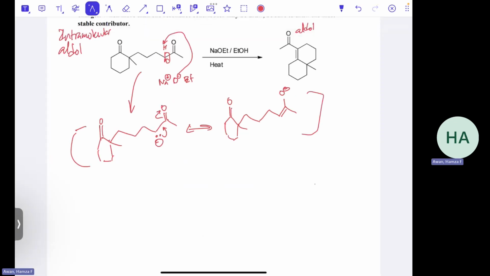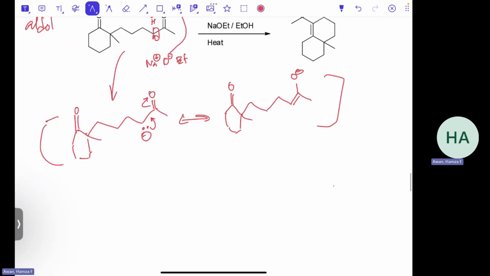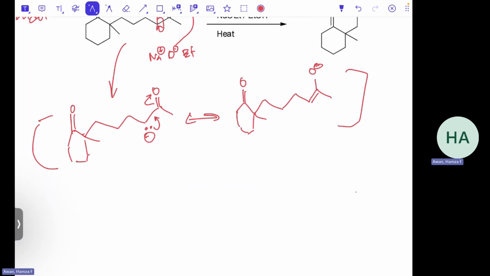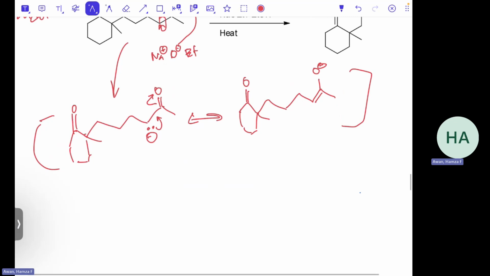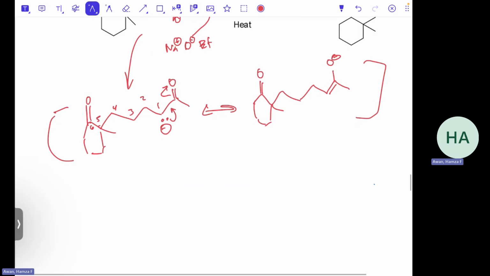Okay. And then what we want here is to create this 6 carbon chain, or cyclohexane. So if we number from here, 1, 2, 3, 4, 5, 6. If this minus charge attacked the carbonyl carbon, it would form the 6 carbon chain.